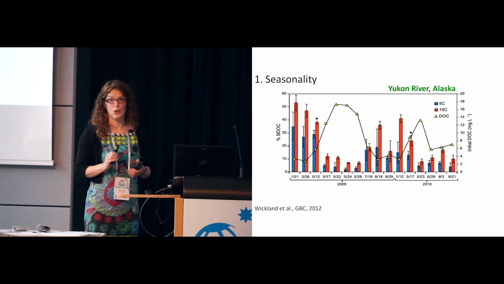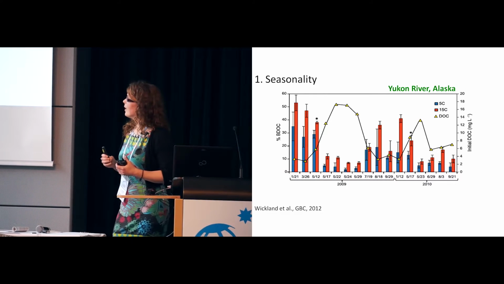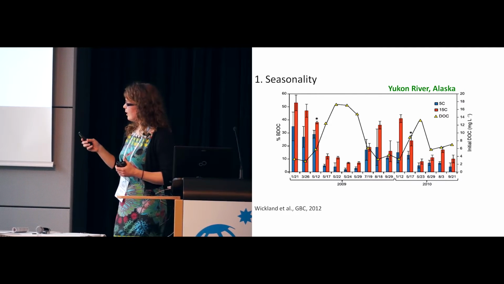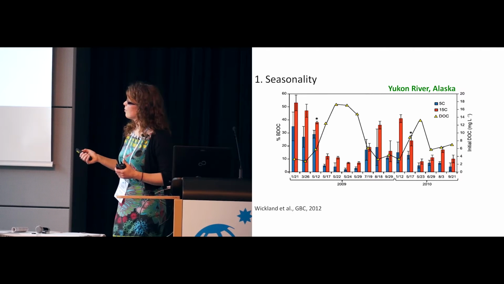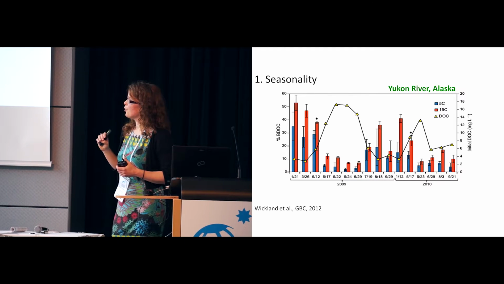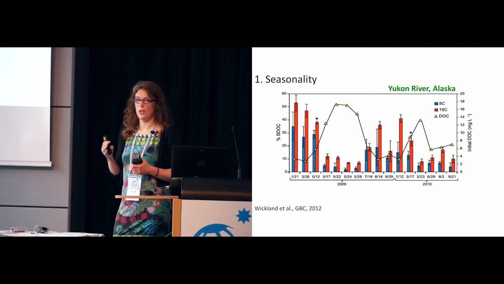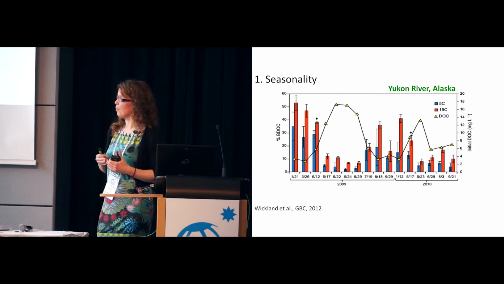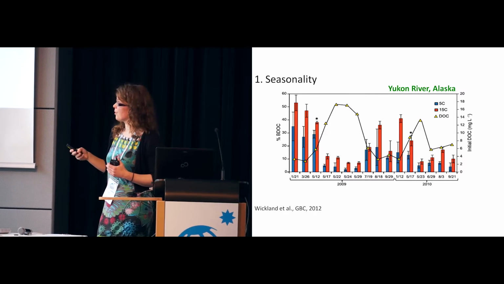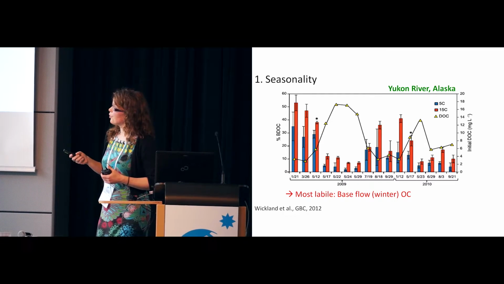Here again, an example of the Yukon River. There's lots of information here, but focus on the bar diagrams. They show the percentage of biolabile DOC. So it's basically an incubation after you filter the water, and they measure how much of the dissolved organic carbon disappears. So in percentage.